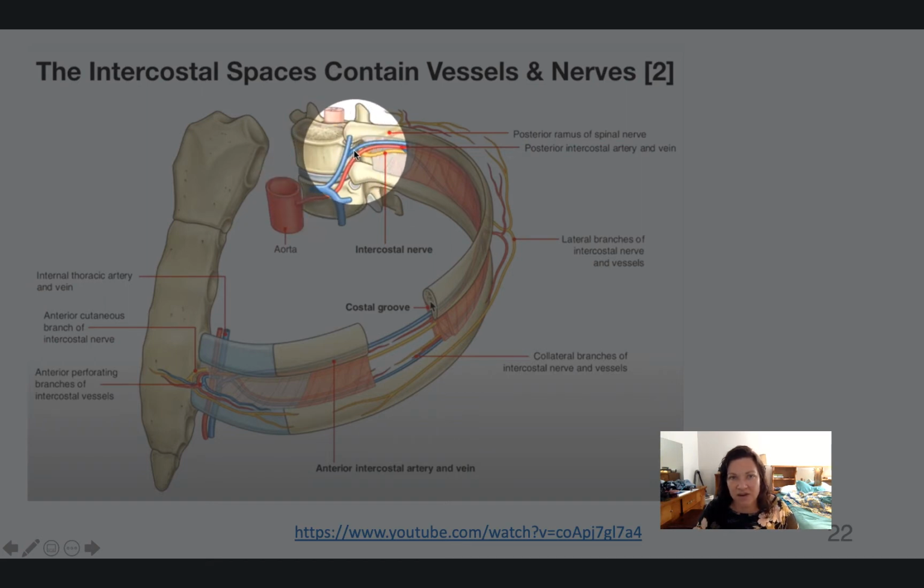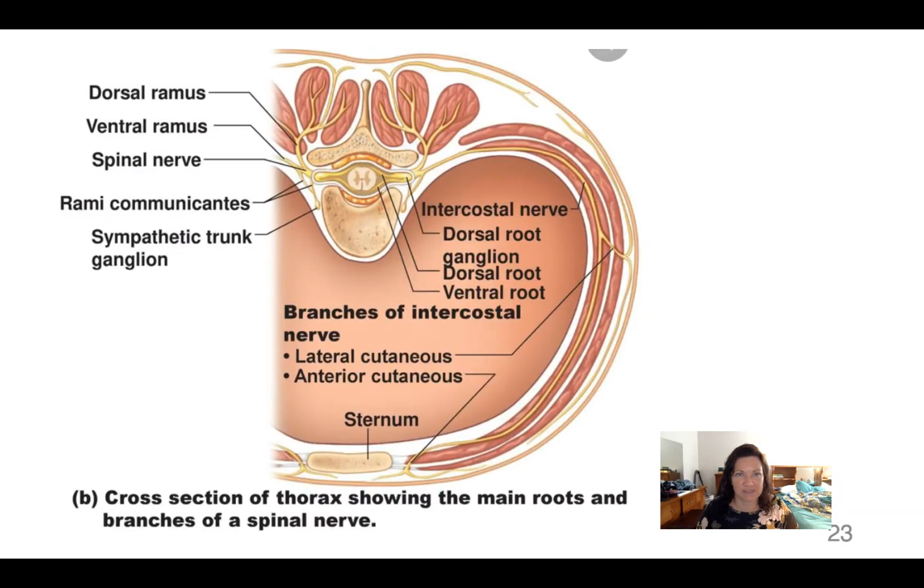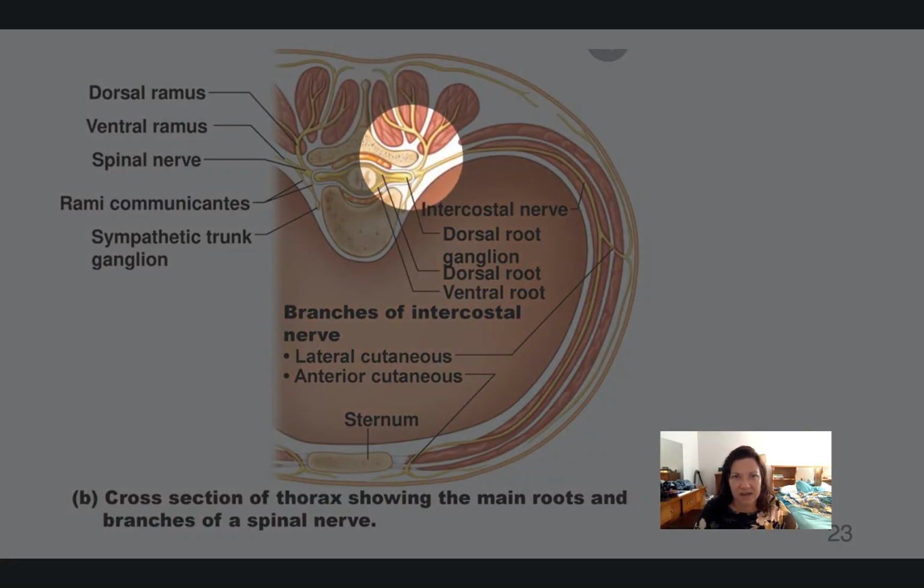And they are traveling with nerves that are called intercostal nerves that arise from the anterior ramus of spinal cord segments T1 to T11. And so if you recall, I'll come back to this image in a moment. If you recall, this is a cross-sectional view of a segmental spinal nerve, and we have that relatively small dorsal or posterior ramus that branches to supply the intrinsic back muscles.